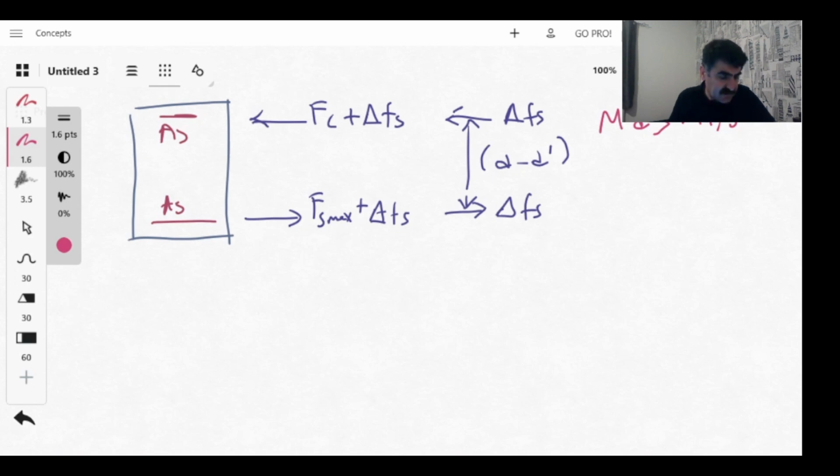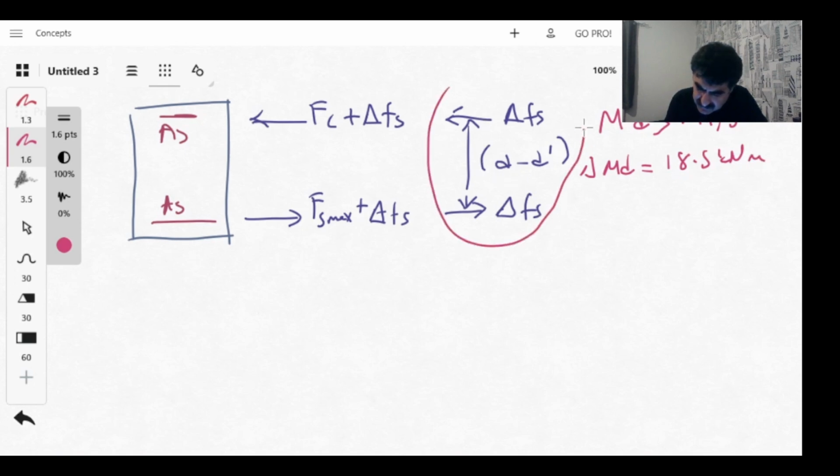So delta Md, the difference, is 18.5 kilonewton meter. For this I can calculate delta Fs, and from that I can calculate As prime.